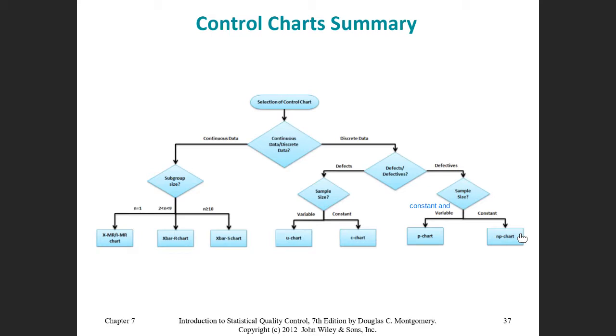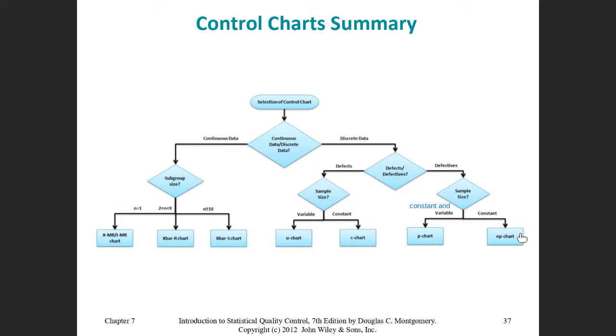For questions here: can the U chart be used for both variable and constant? In the case of some references, they may use it, but it is not really common to use. That's why we don't consider it, as we do for the P chart. It is very common for the P chart because of the similarity, even in the formula, between the NP and the P. They are almost the same formula.